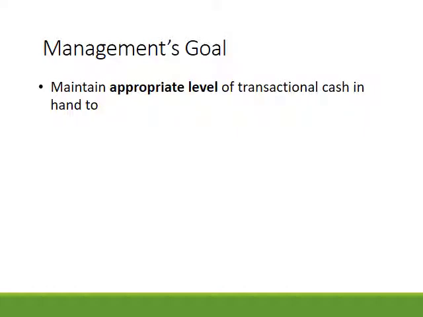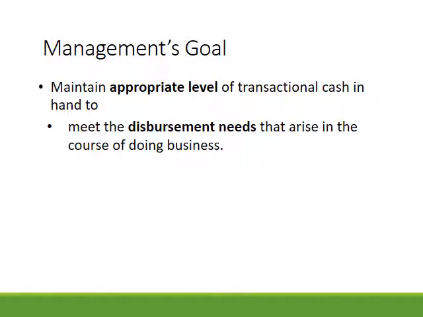The management's goal should be to maintain an appropriate level of transactional cash in hand to meet the disbursement needs that arise in the course of doing business. In short, you need to maintain a certain amount of cash to pay off the needs, the disbursement needs, anytime you need to pay.